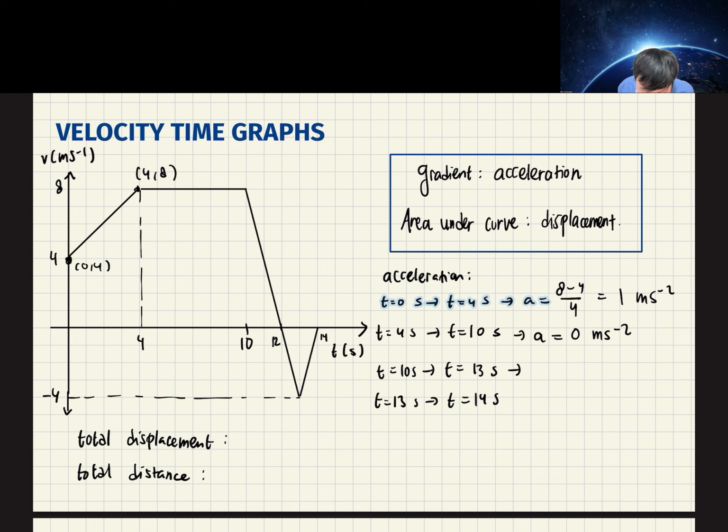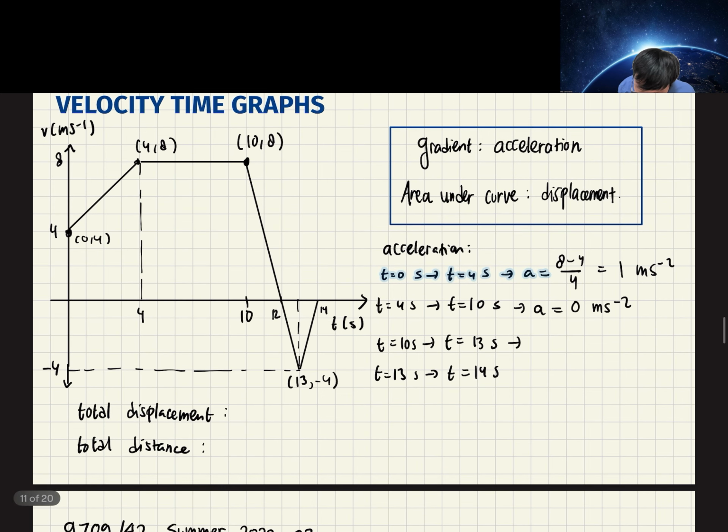From 10 to 13, we can use 2 points. This one is (10, 8), this one is (13, minus 4). So we can use that to find the acceleration, which is (minus 4 minus 8) over (13 minus 10).